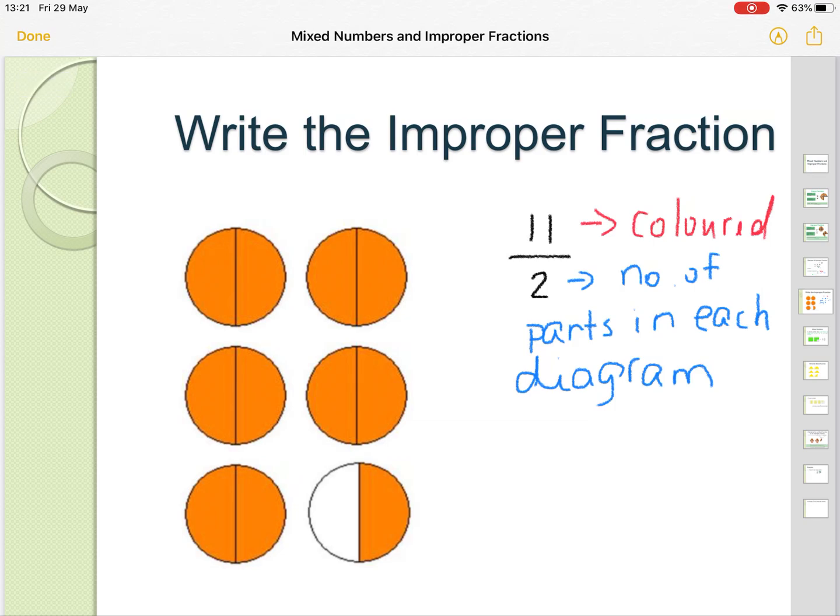Each circle is divided into 2 parts. So the improper fraction would be 11 out of 2, 11/2. Okay, that's the improper fraction.